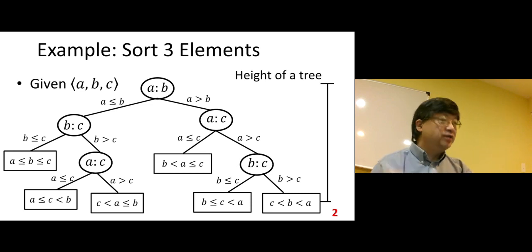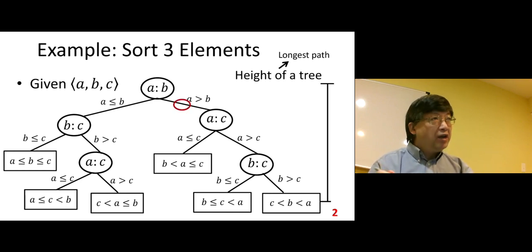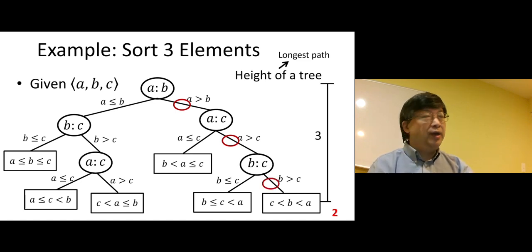So not the shortest, not any other non-longest path, the longest path. Then we count the number of edges in that longest path, 1, 2, 3. So the height equals 3. That's the definition of the height.